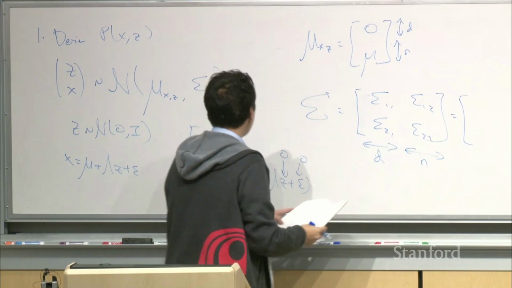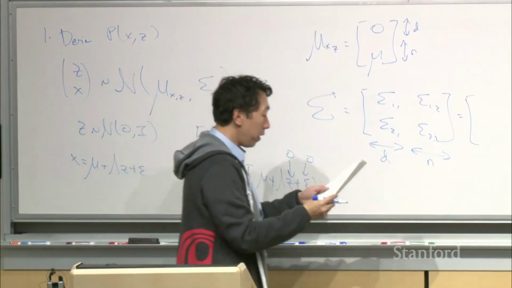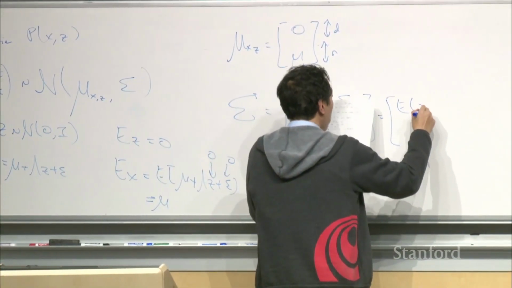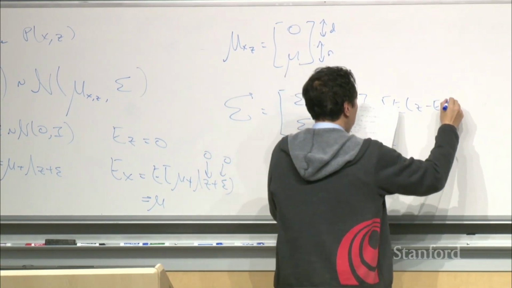If you take this partitioned vector and compute the covariance matrix, the 4 blocks of the covariance matrix can be written as follows.